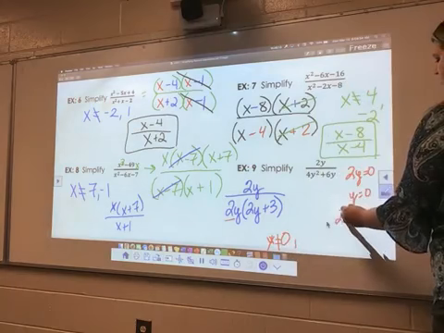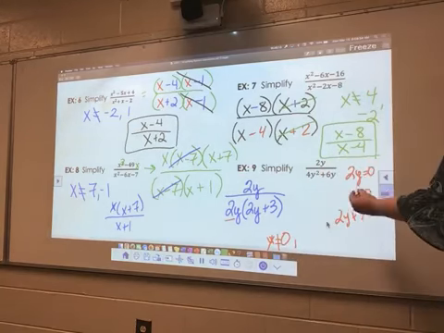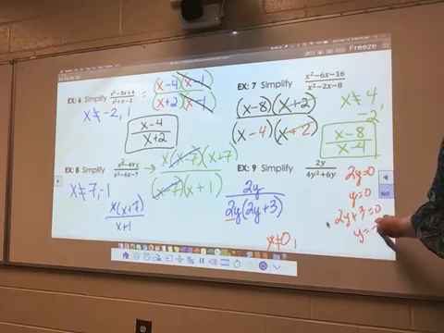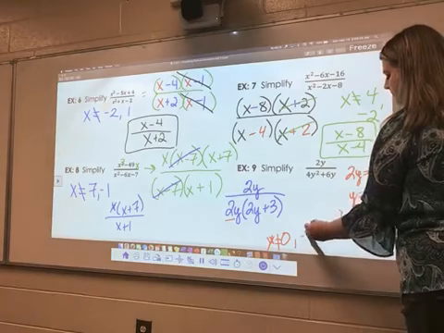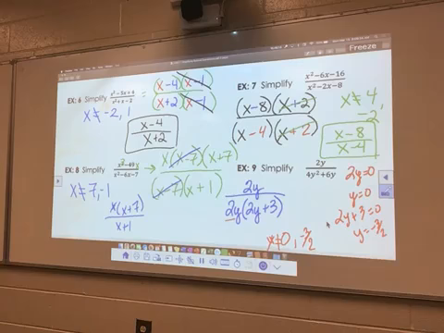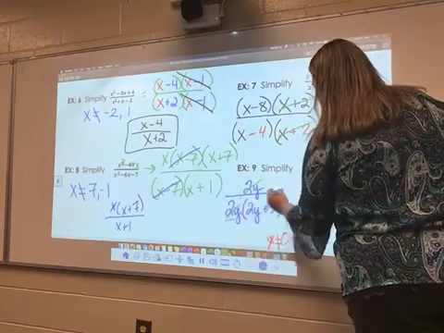And then when I set 2y plus 3 to 0, and I solve, subtract 3, divide by 2, that's negative 3 halves. No different if you were telling me my x-intercepts. Those are the two that it can't be.